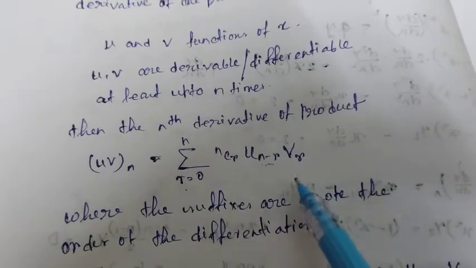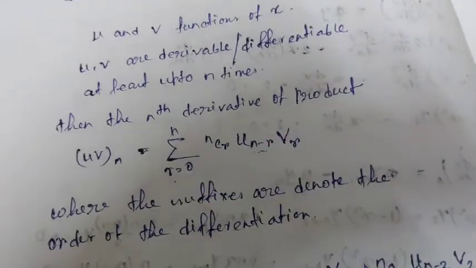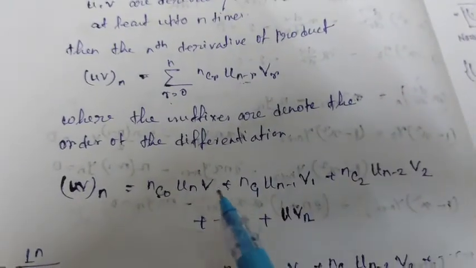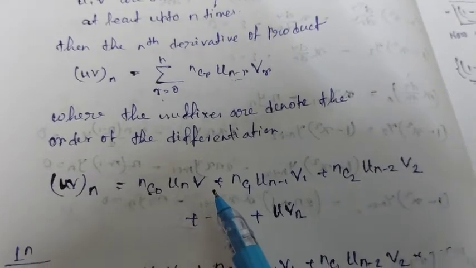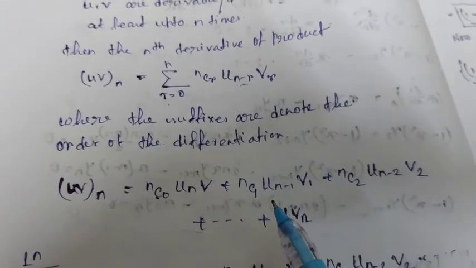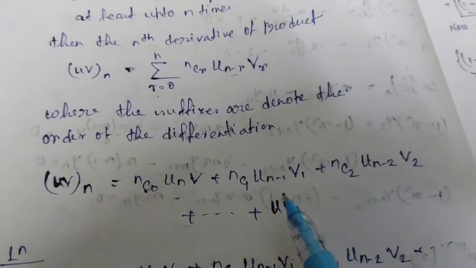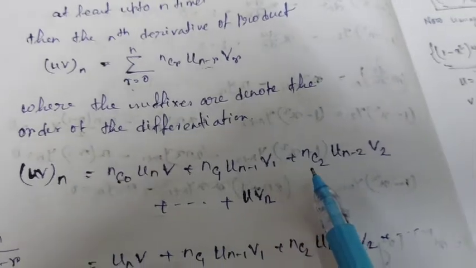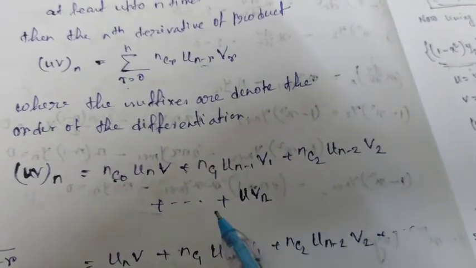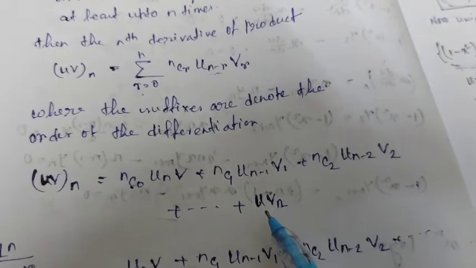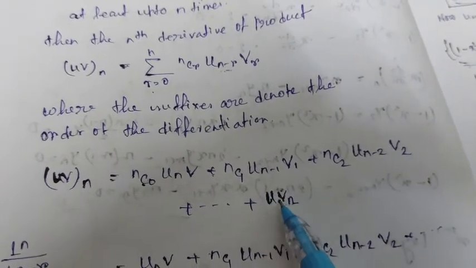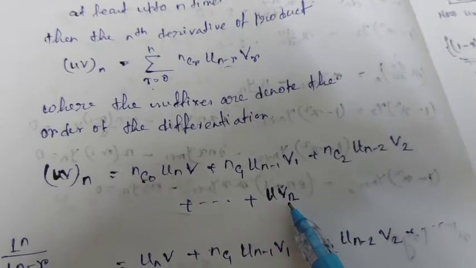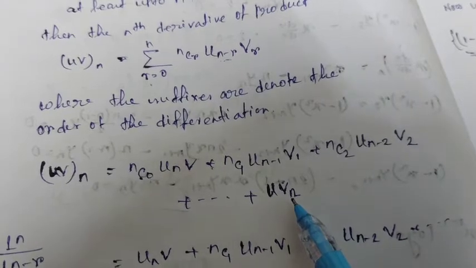If we expand this series, we can write nC0 u(n) v0, where v0 means there is no derivative of the function v, plus nC1 u(n-1) v1, that means we differentiate u (n-1) times and v one time, plus nC2 u(n-2) v2, plus dot dot plus u vn, where in the last term there is no derivative on the function u, and we do the nth derivative on the function v.